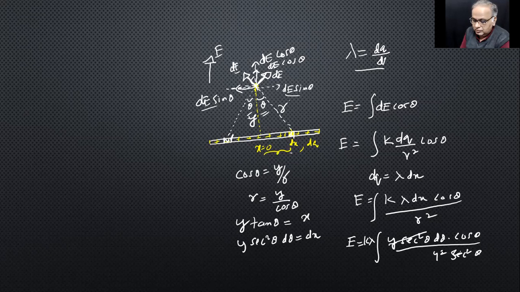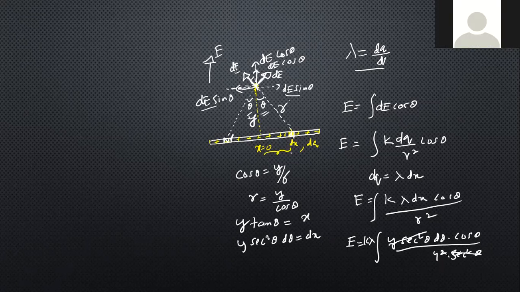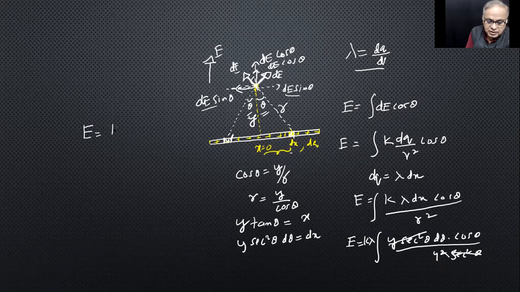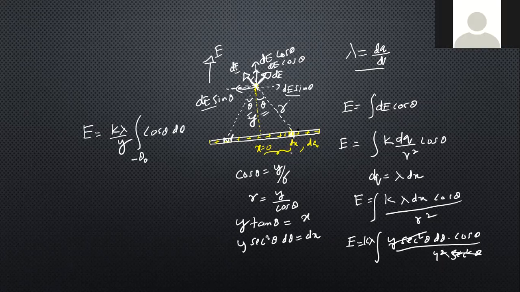So this one you will get, isn't it? Look if there's any mistake in the calculation. So E equals K lambda by y integral cos theta d theta. What are the limits now? If this is x equals 0, this side is minus theta naught, and this is plus theta naught.